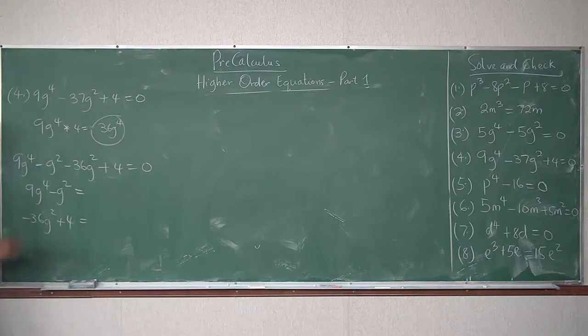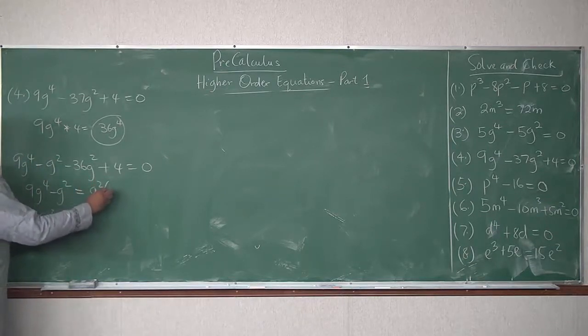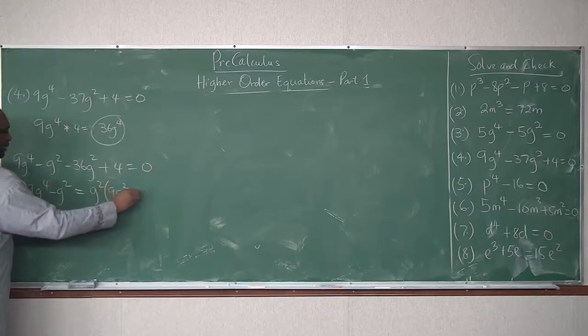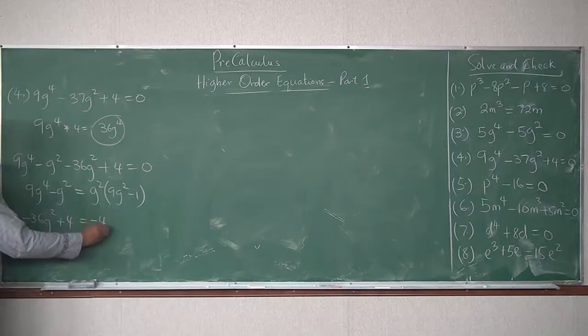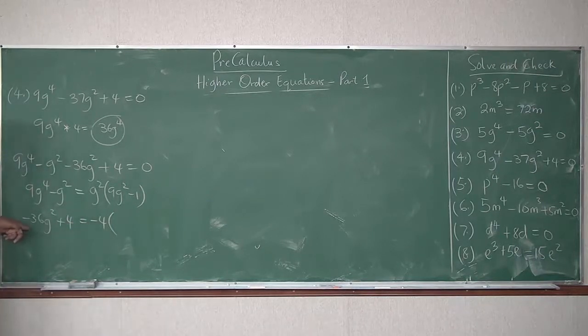So this gives us what? You now factor by grouping, then by GCF. So this is g squared times (9g squared minus 1). And here you have -4, because you have a leading negative. When you have a leading negative, you factor out the negative first.